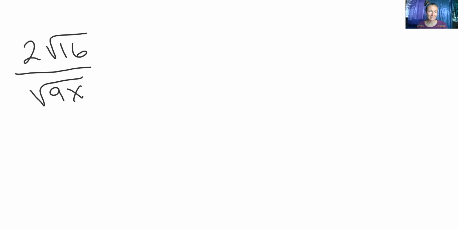We could jump right into multiplying by square root 9x over square root 9x, but let's simplify first. The square root of 16 is 4, 2 times 4 is 8, and in the denominator, the square root of 9 is 3. So we can pull out that 9 to get a 3, and the x is still stuck inside. Okay.